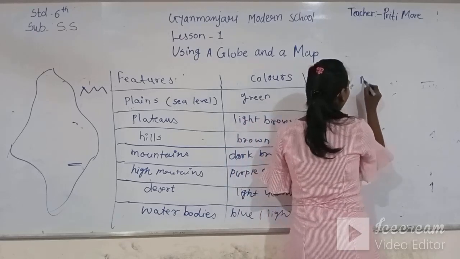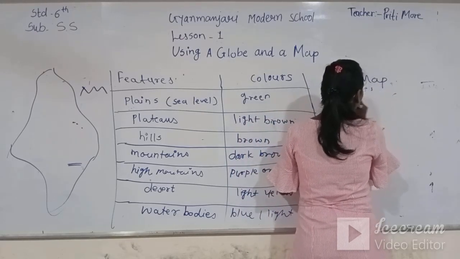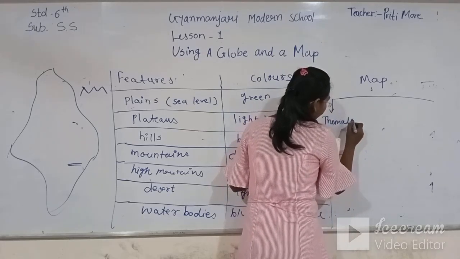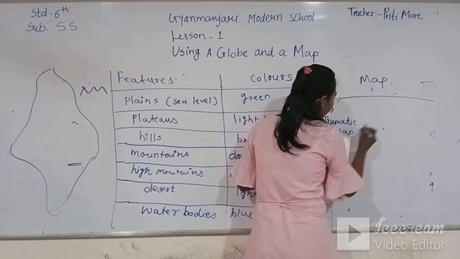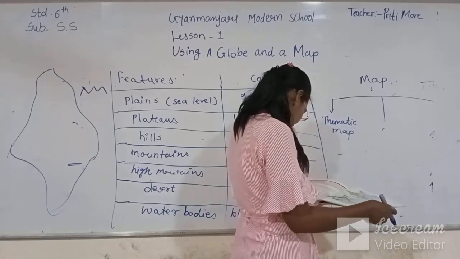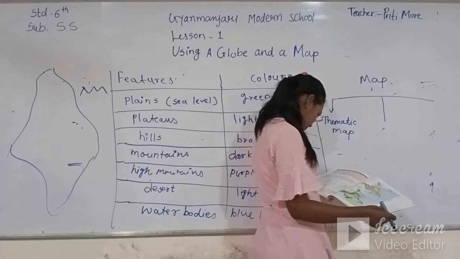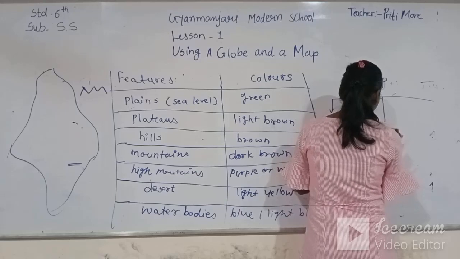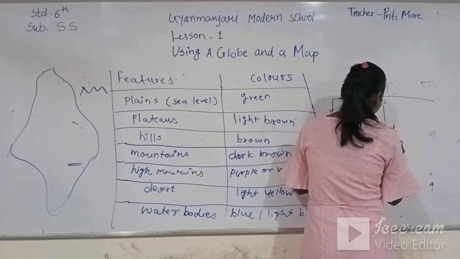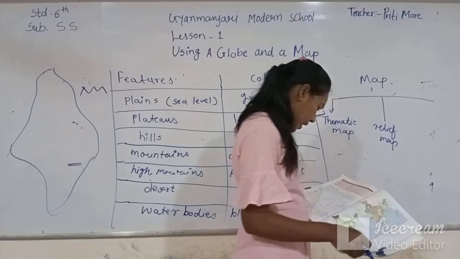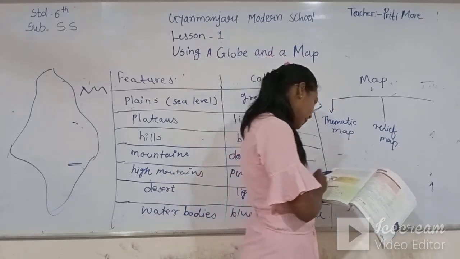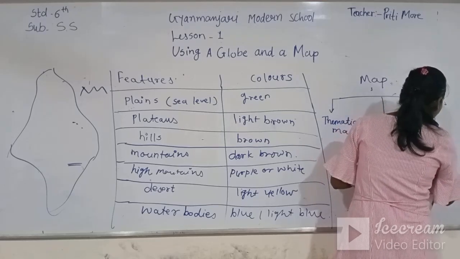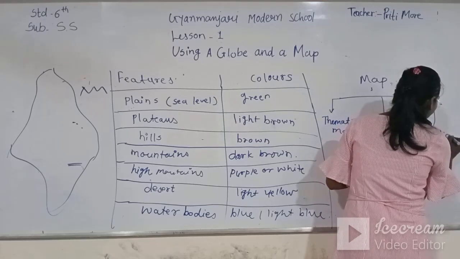There are three types of maps available in the world: thematic map, relief map, and political map.